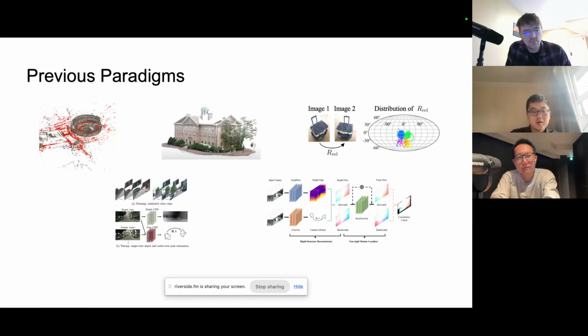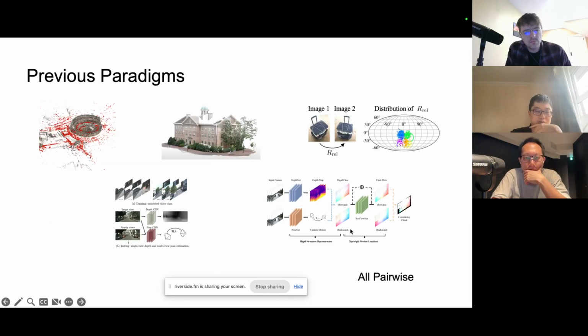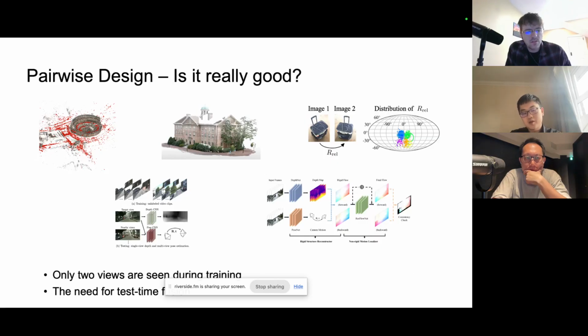But all of these previous paradigms used a pairwise design. SLAM is probably more related to the robotics field, while SLAM also focuses on pairwise design. But here is a problem: if we train a deep model in a pairwise manner, the model can only see two frames during training.